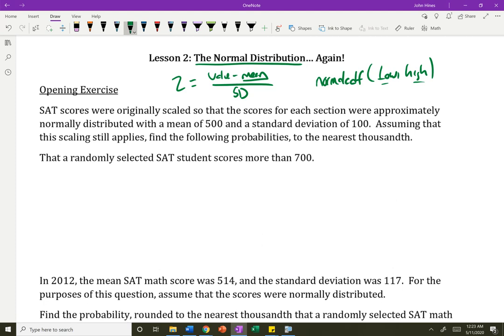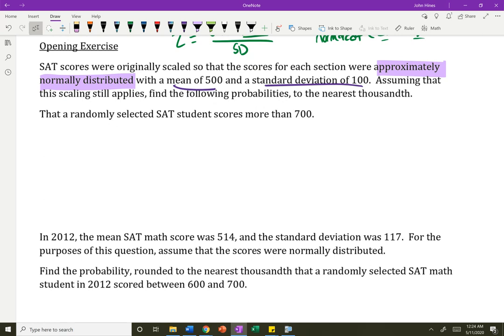SAT scores were originally scaled so that scores within each section were approximately normally distributed. That's the key there. I'm working with an approximately normal distribution with a mean of 500 and a standard deviation of 100. Assume that scaling still applies, and find the following probabilities to the nearest thousandth: that a randomly selected SAT student scores more than 700.